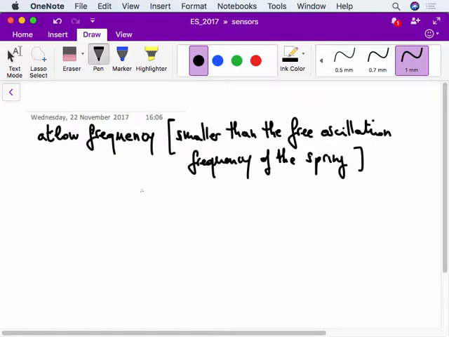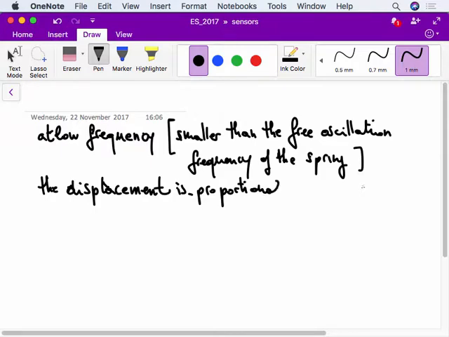Spring. The acceleration, the displacement, let's say displacement is proportional to the acceleration.